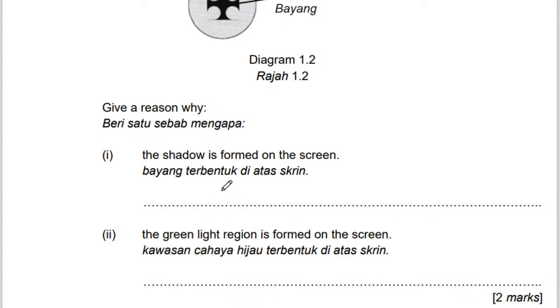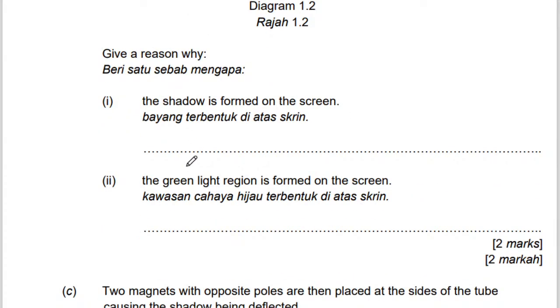But if you write that the cathode ray is being blocked by the cross, that can also be given a mark. I don't have to write because my handwriting is bad. I'm not used to this pen.